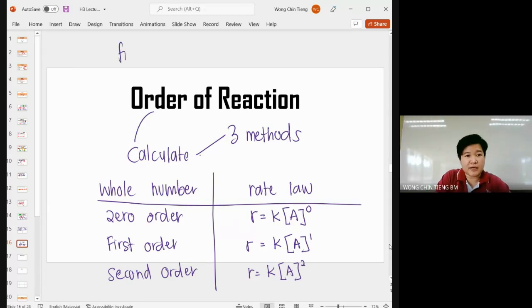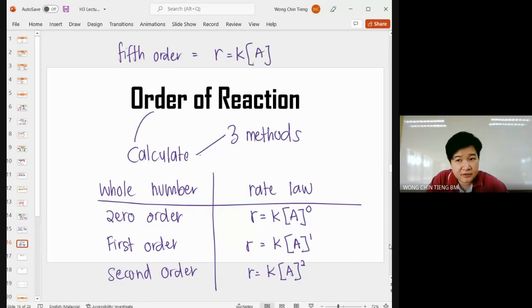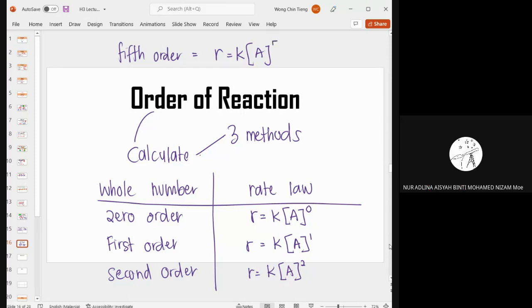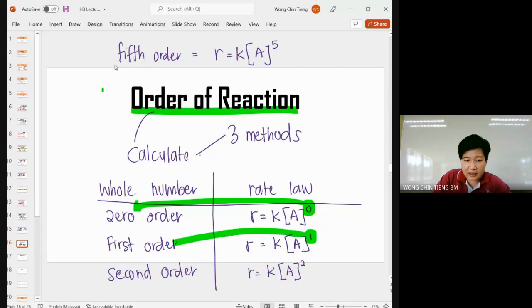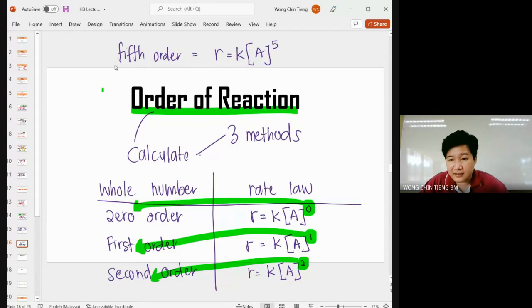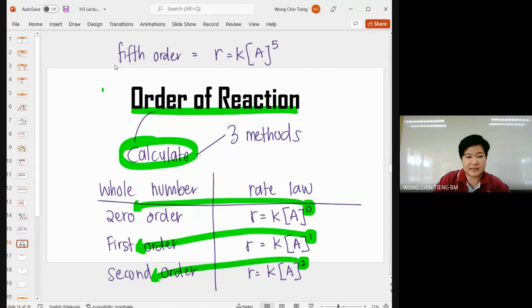Apa jadi kalau Miss Wong kata saya ada fifth order? Kalau saya adalah fifth order, dia akan jadi R equals to K, concentration A to the power of 5. So, order of reaction is actually the power. Kalau dia zero order, kuasa kosong. First order, first. Second order, 2. Nampak? That is your order of reaction. Kita boleh calculate, kita kena kira dan kita ada 3 cara untuk kira nanti.